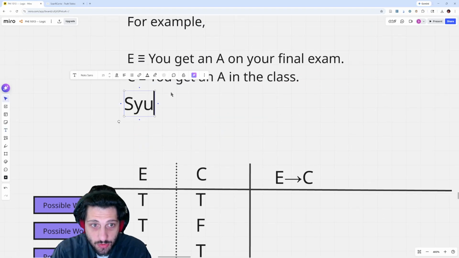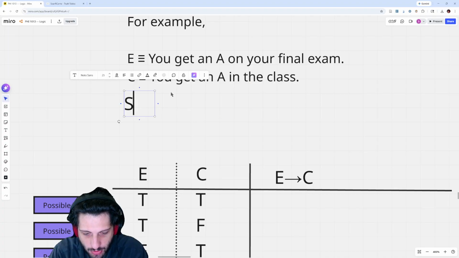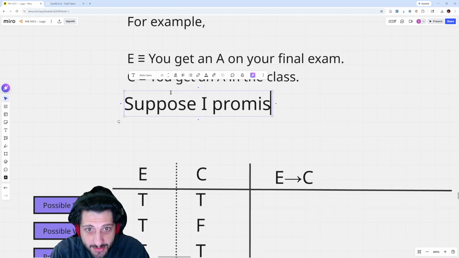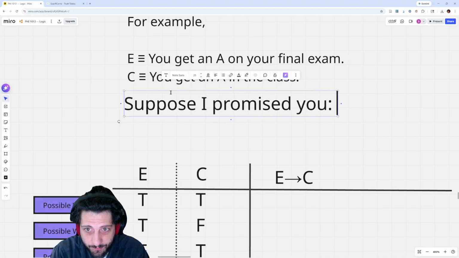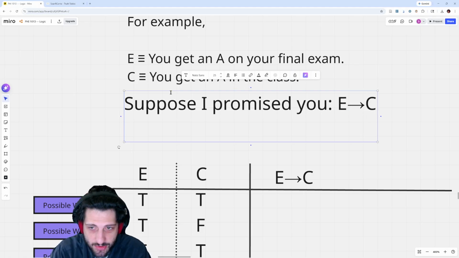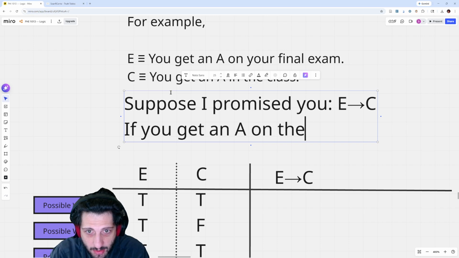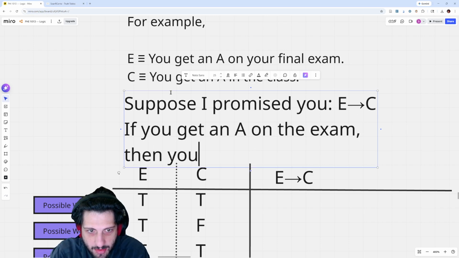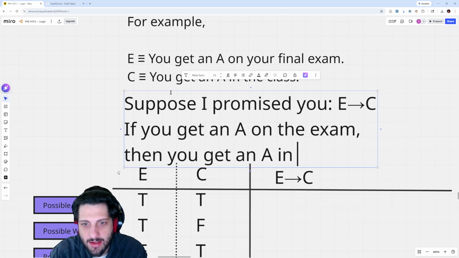So, suppose I promised you that E implies C, right? Which just means that if you get an A on the exam, then you get an A in the class.